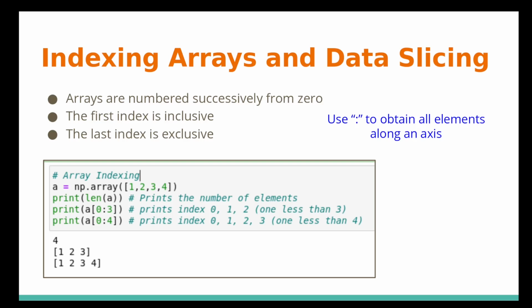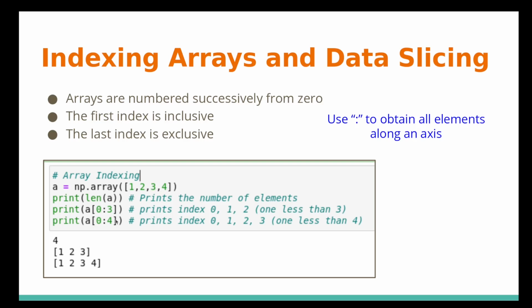For example, I've created an NP array of 1, 2, 3, 4, and defined it into an object called A. So when I print the length of A, it is telling me that there are 4 elements. And if I print A from 0 to 3, I want 0, 1, and 2 elements printed. So 0, 1, and 2, it prints me 1, 2, and 3.